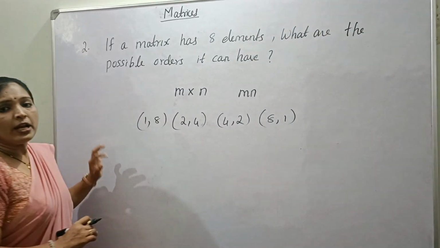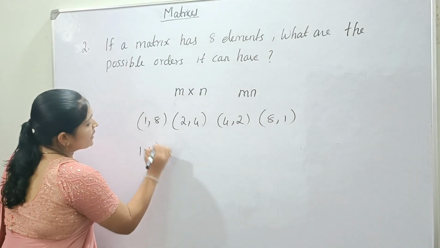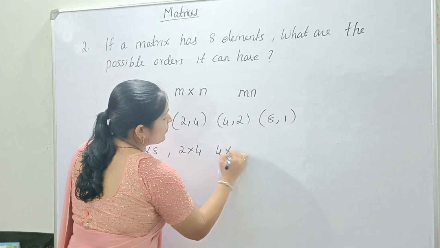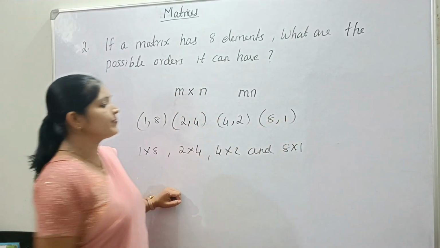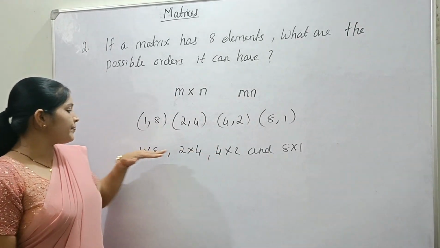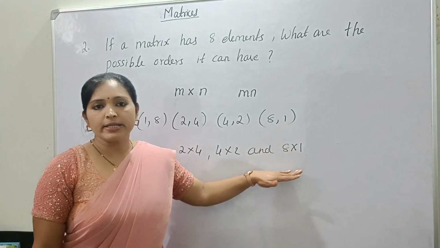Therefore, the possible orders of the matrix are 1 by 8, 2 by 4, 4 by 2 and 8 by 1.